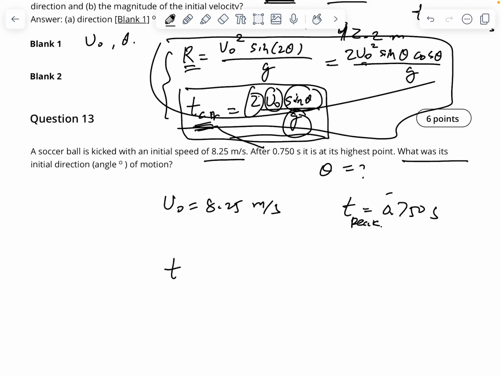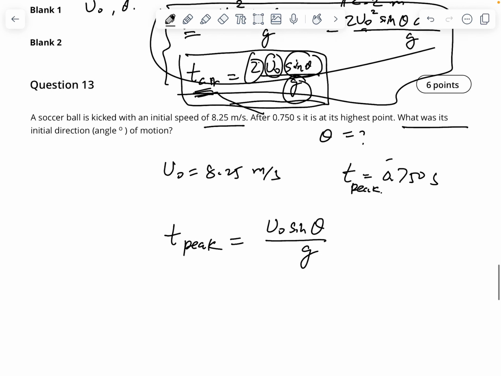We know peak time equals V naught sine theta divided by G, the time to reach the peak. So you know the peak time and V naught, and you are looking for the angle.